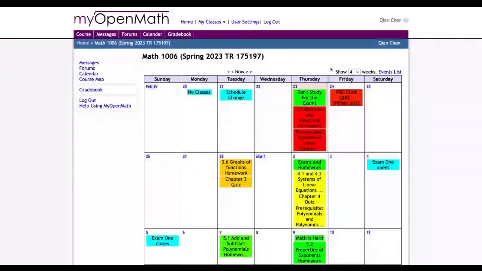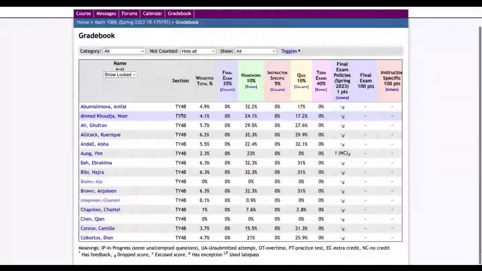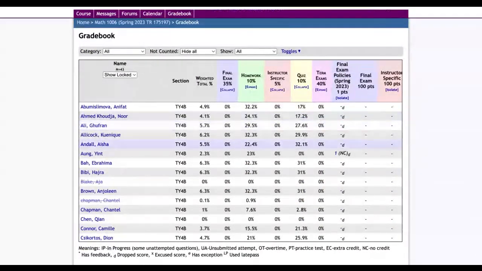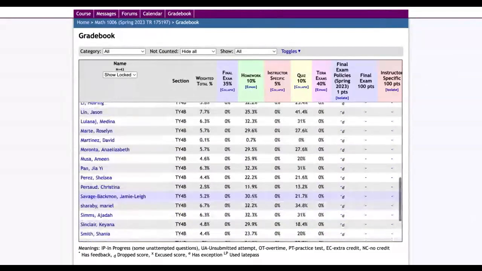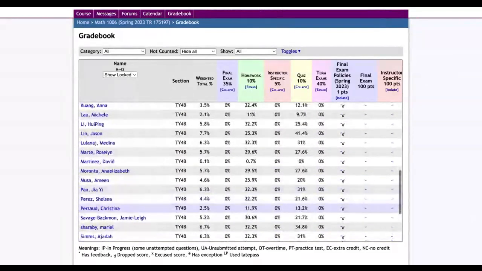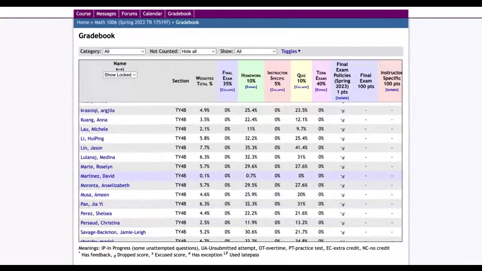Okay, let's see how the homework is going for everybody. Homework, so this is the homework part. Okay, looks pretty good. Christina only about 12%. David, is David here?